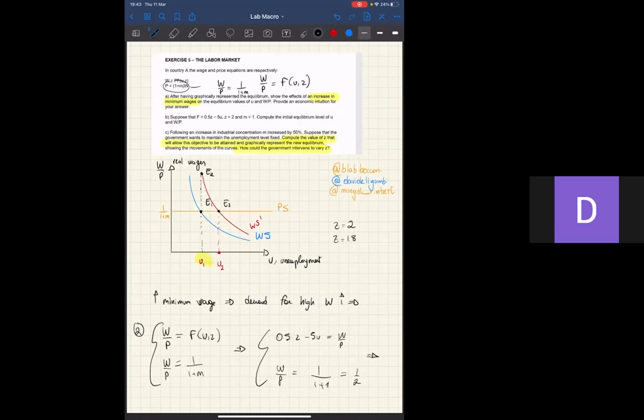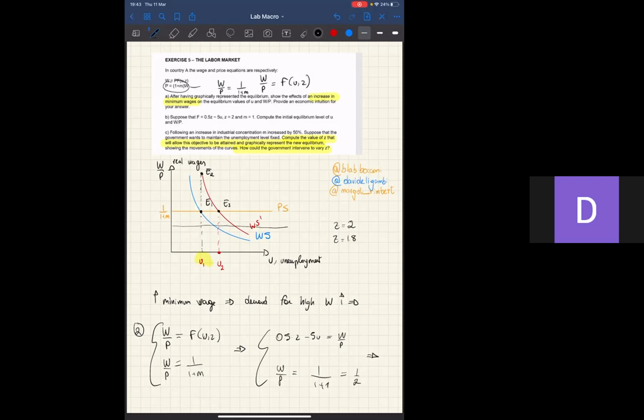So what has happened here is basically that the government has decreased it because firms are now increasing their markup. Therefore, they're increasing the prices that they're going to try to charge customers, meaning that the price setting is going to go down here.